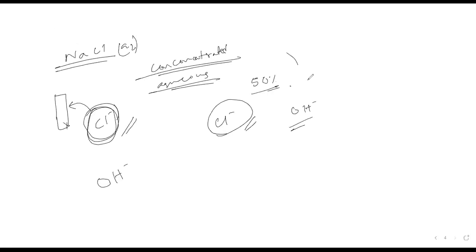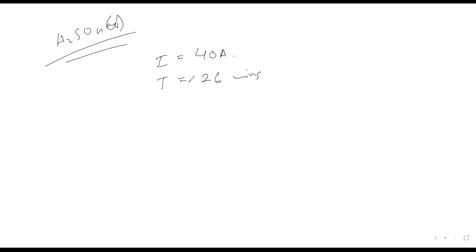Yeah, H2SO4, sulfuric acid aqueous solution. Now they are saying the current being produced is 40 ampere. The current is passed through the solution for 26 minutes. Now they are asking us to calculate the volume of oxygen produced. So the volume of O2 being produced is what we need to find out.